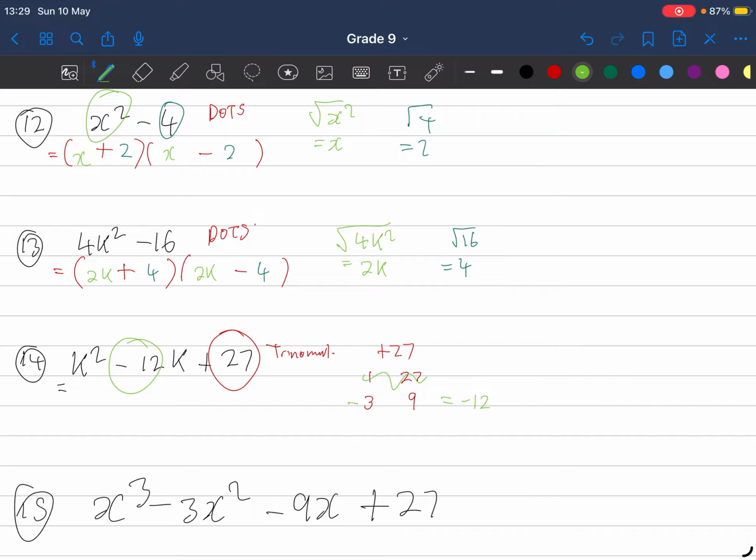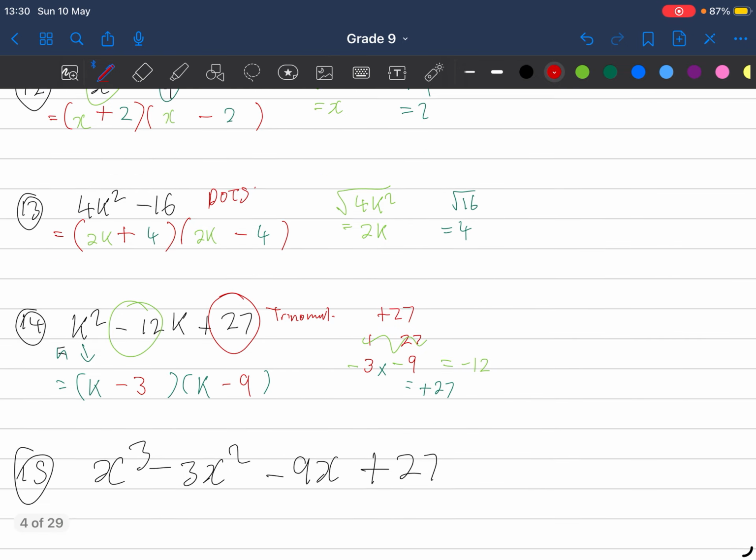So minus 3 minus 9 can give us a minus 12, and if you choose to multiply, it gives you a positive 27. So brackets, brackets. Bring your variable down, whatever the variable is, and write your factor pairs in. So minus 3, minus 9.